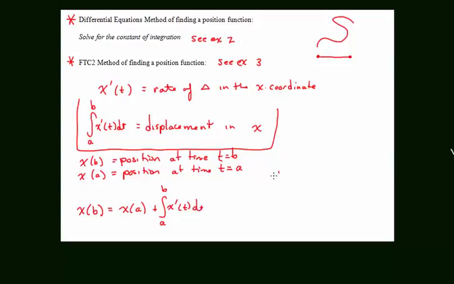Remember, the integral from a to b of x prime of t dt is equal to x of b minus x of a. And I solve for x of b here, and initial position plus displacement gives me my final position, my final x position. Now these are the same for y. We'd have y prime, and they would give us respectively y displacement, etc., etc.